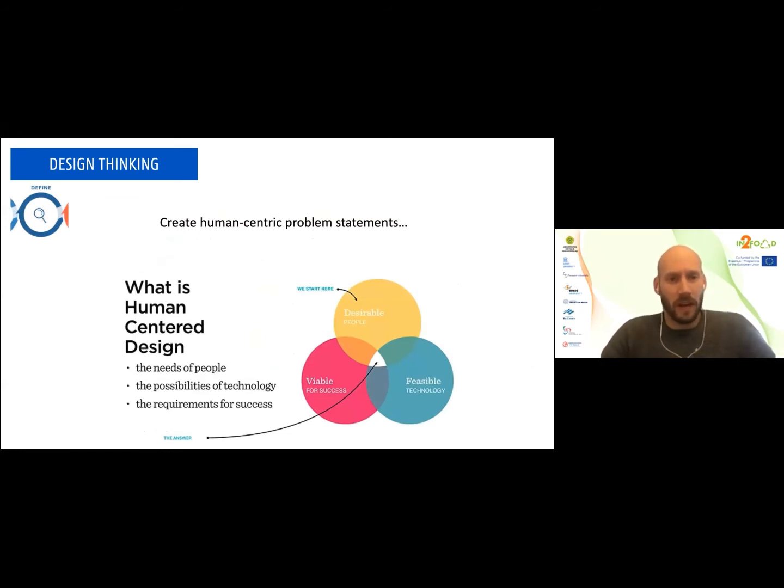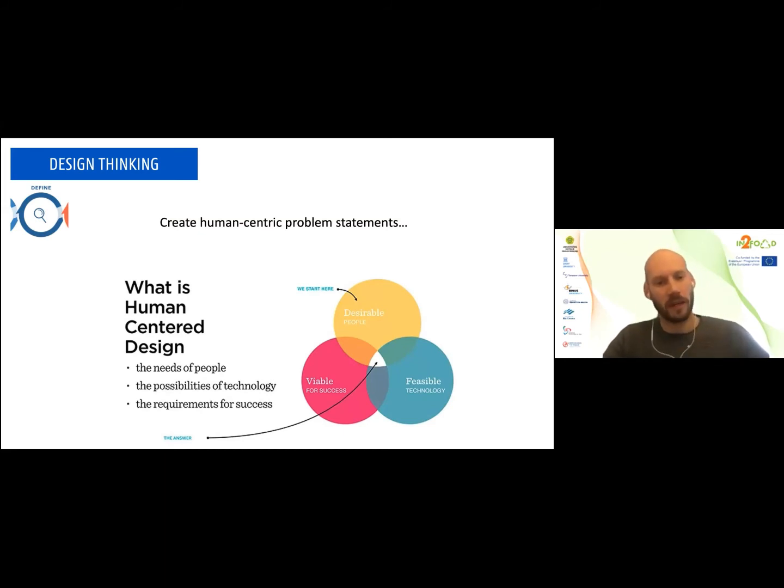So we try to create human-centric problem statements. So when we define who is the user, empathize with the user, we try to redefine a bit what are the problems. So we start with these needs of the people, their desires.